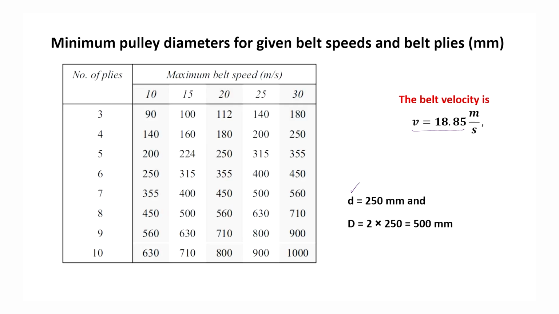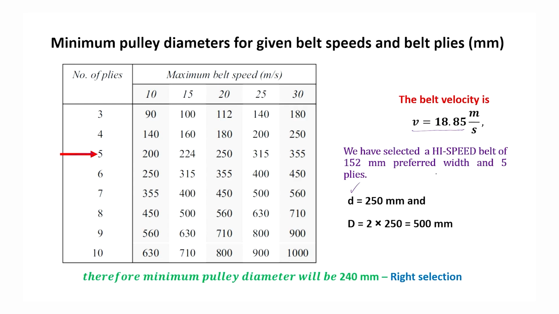Now, this table suggests to us the number of plies, and for the maximum belt speed, what should be the pulley diameters. In our case, we have selected a high speed belt of 152 mm preferred width and 5 plies.